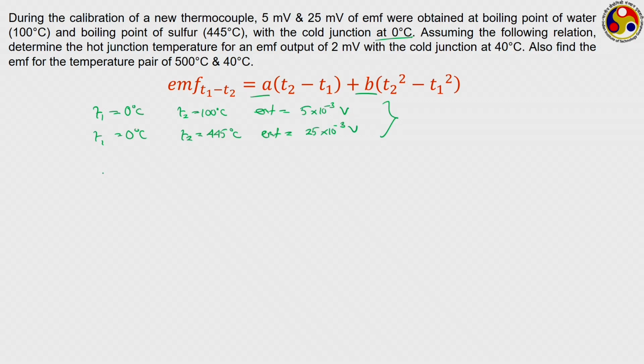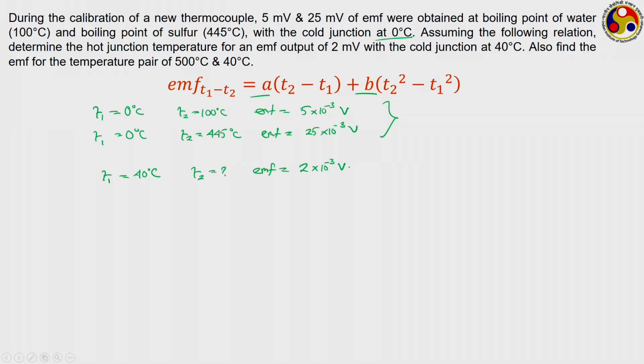Means the third situation we have: T1 is given as 40 degree Celsius, T2 is unknown, the one that we have to find, and the EMF is mentioned to be 2 into 10 to the power minus 3 volt.